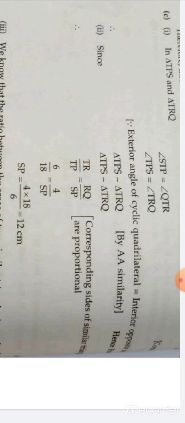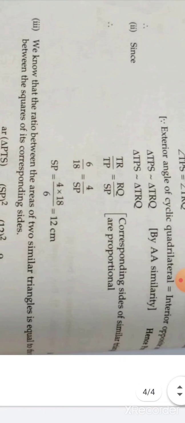Now once we have proved that triangle TPS is similar to triangle TRQ, the corresponding sides of the similar triangles are always proportional. So we can write the ratio TR upon TP is equal to RQ upon SP. Why are we doing so? Because we want to find the value of SP.